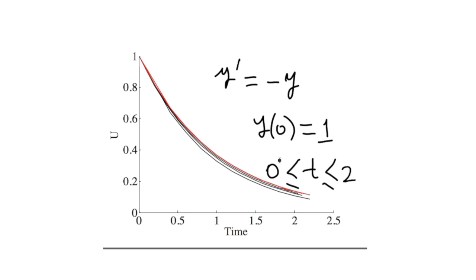All right, and so we choose different step sizes that range from 0.2 to 0.1, and then reducing it one more by a factor of 2, 0.05.